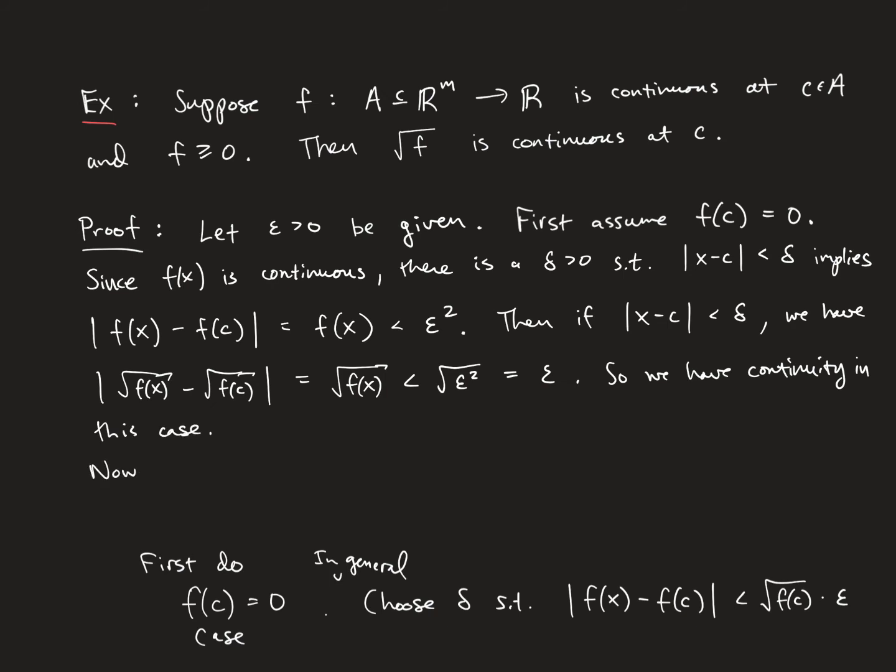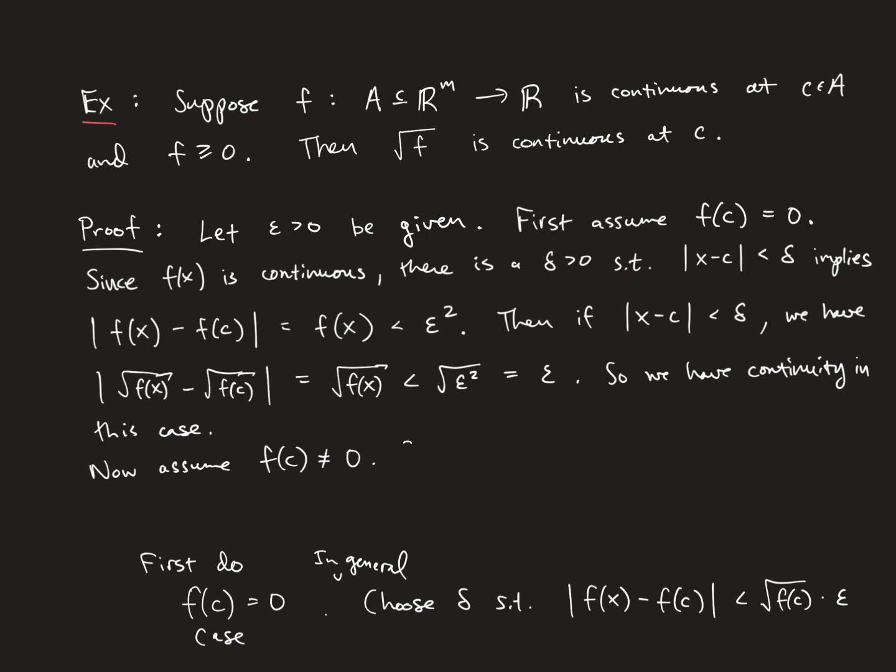So now assume that f of c is not equal to 0. Okay, so then what we're going to do is just follow our recommendations here. We're going to choose a delta such that this condition holds.